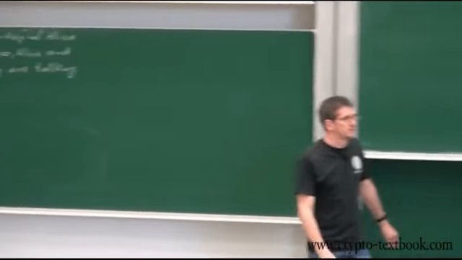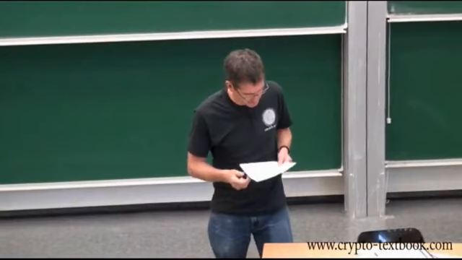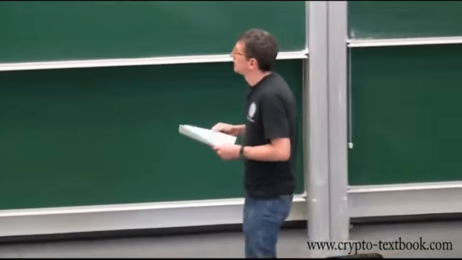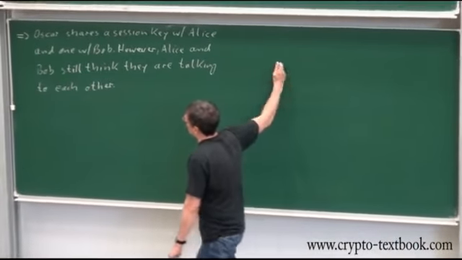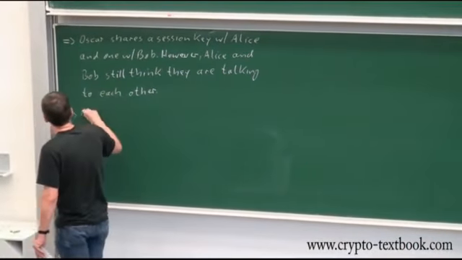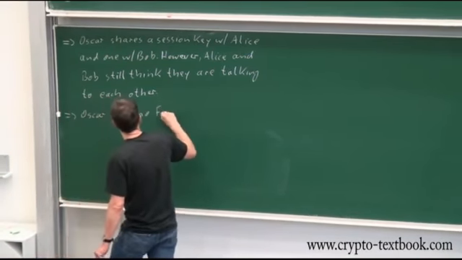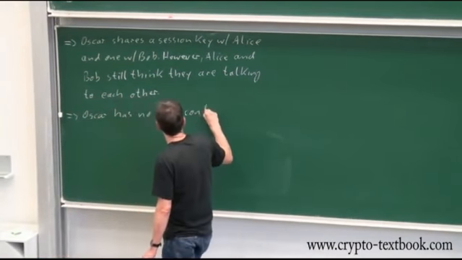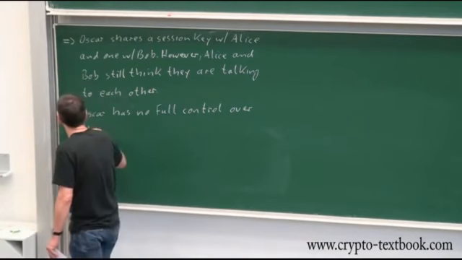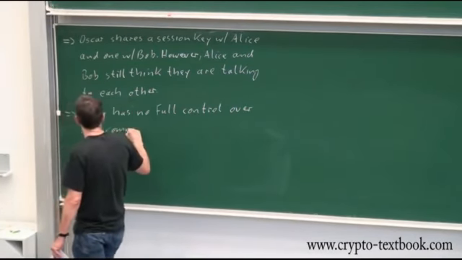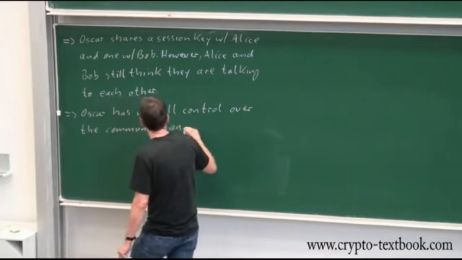What are the implications? Implications are actually quite horrible. Oscar has now full control over the communication between Alice and Bob.